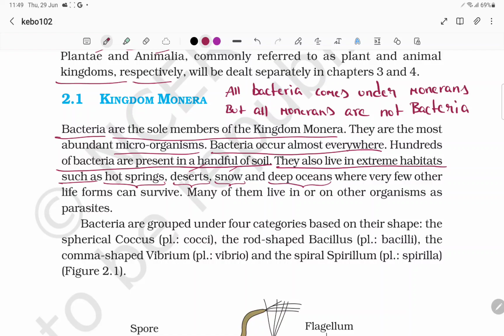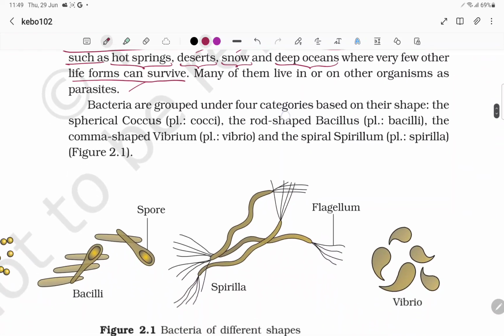Very few other life forms can survive there. Many of them can live in or on other organisms as parasites. So where very few organisms can survive, there the archaebacteria will be surviving. That's how they are very primitive bacteria. You can also call them primitive bacteria.